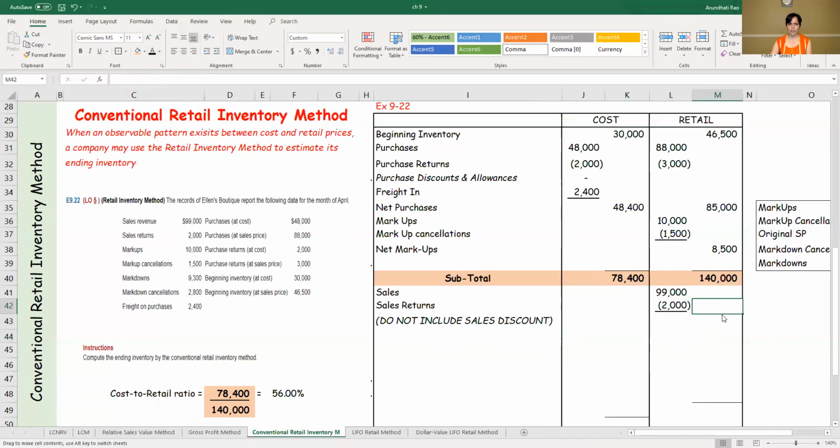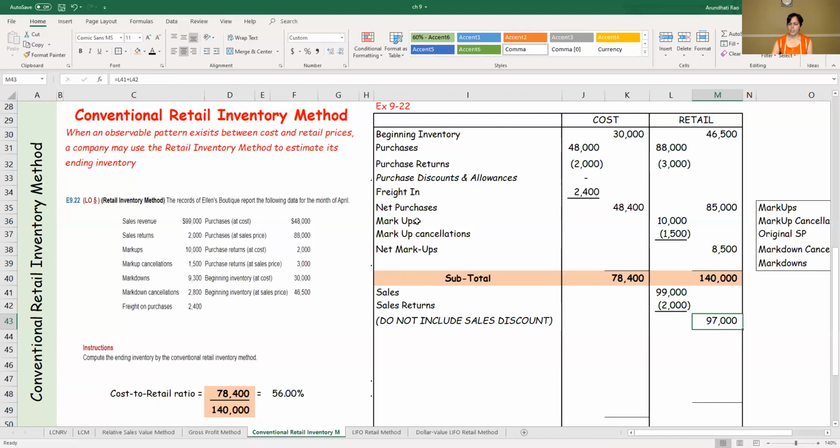Okay. My net sales is going to be 99 minus 2,000. Now, if there was any sales discount, I don't list that over here. Okay, it's not going to be listed over here. Okay.